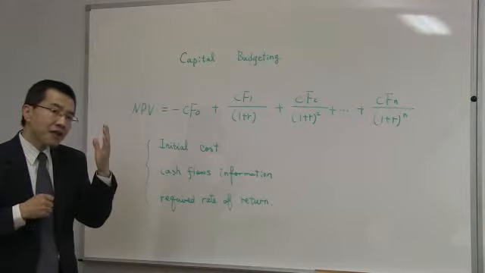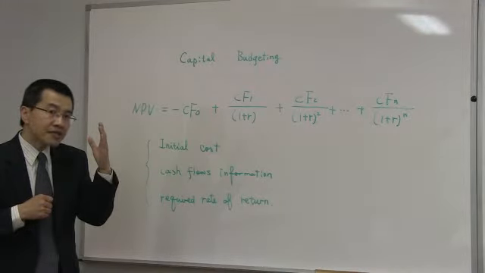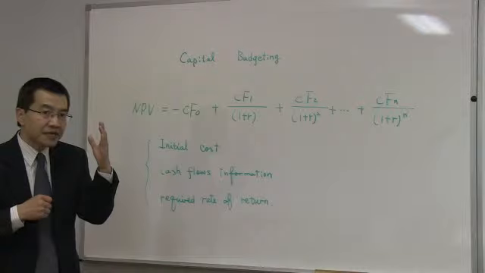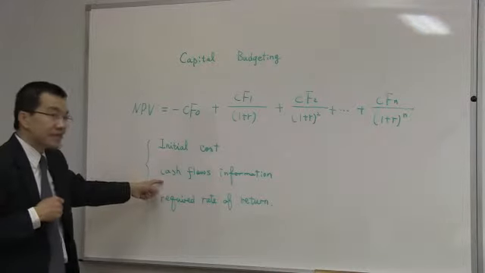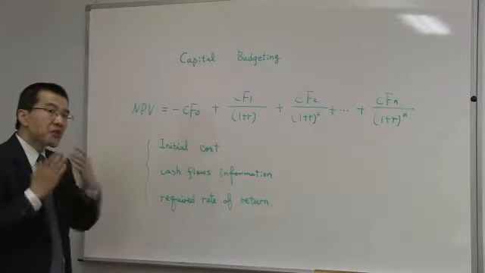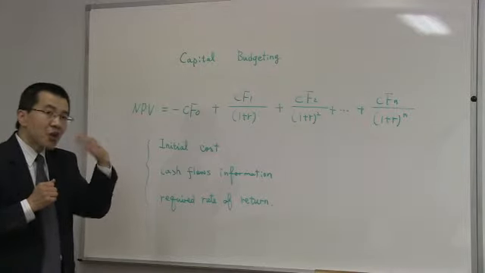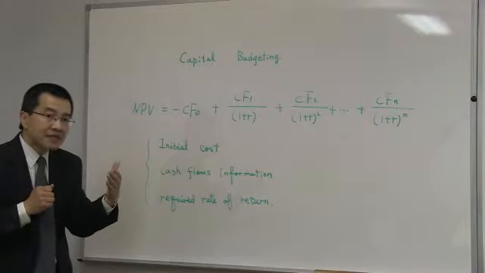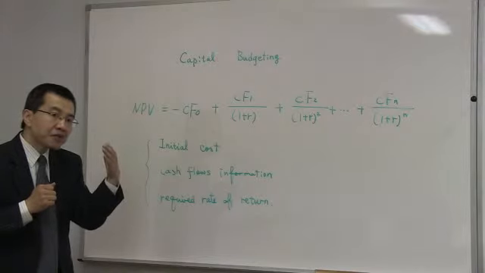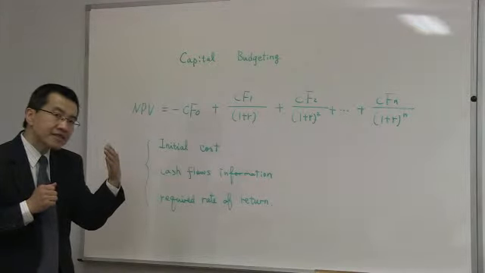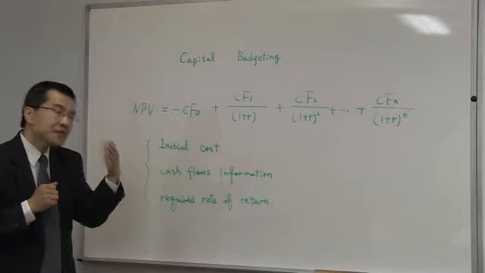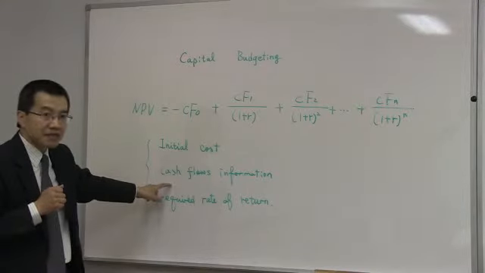If you build the new project, the project will usually bring in money for the company. You need to calculate the future values it can bring in, and also the timing of these cash flows. Will you receive these cash flows next year or in the next 2 years? You need to know that information.